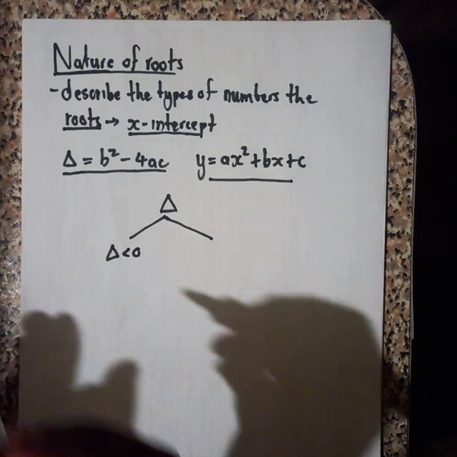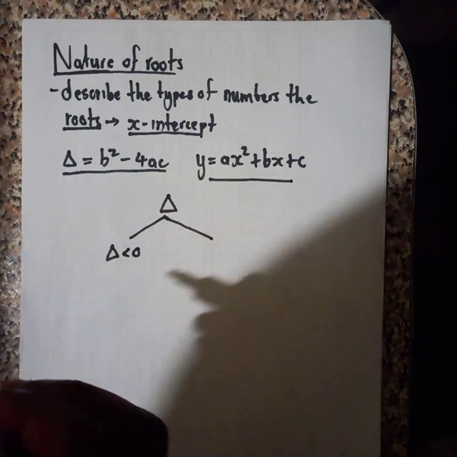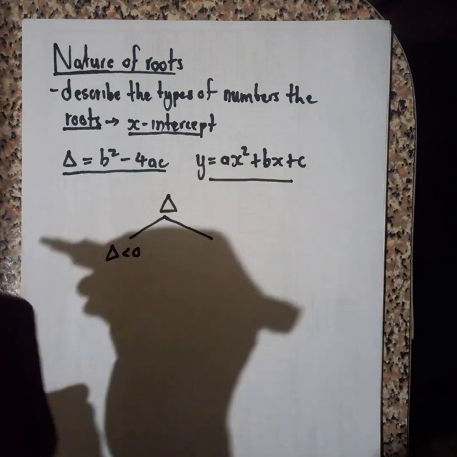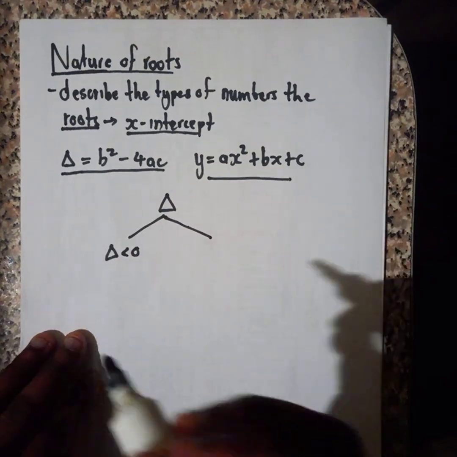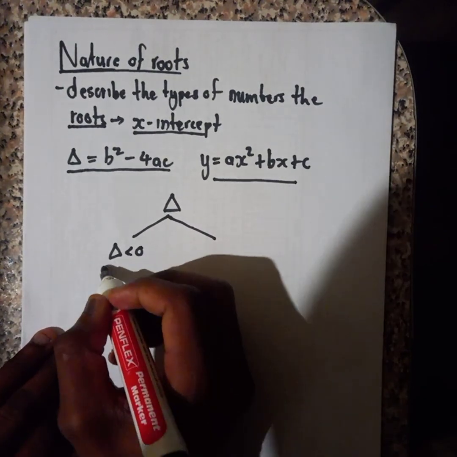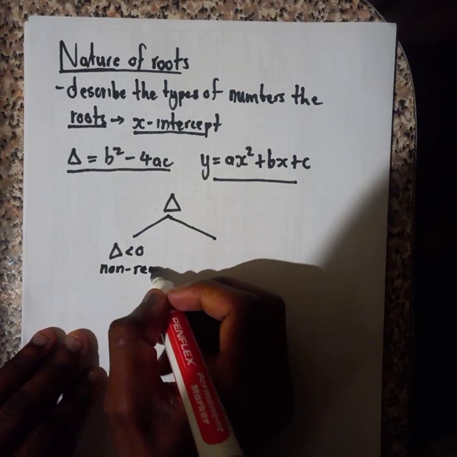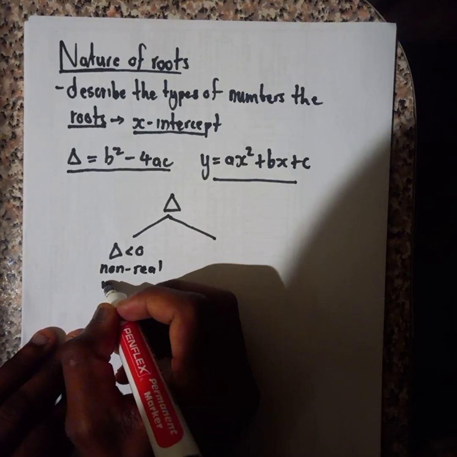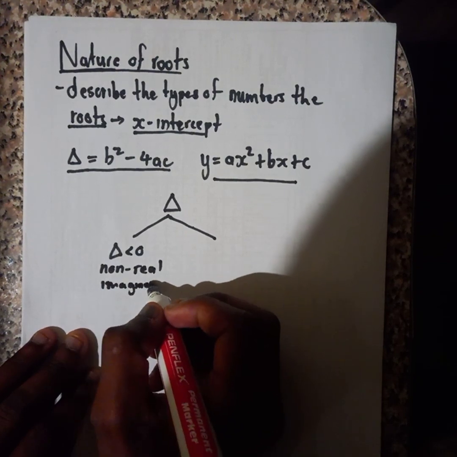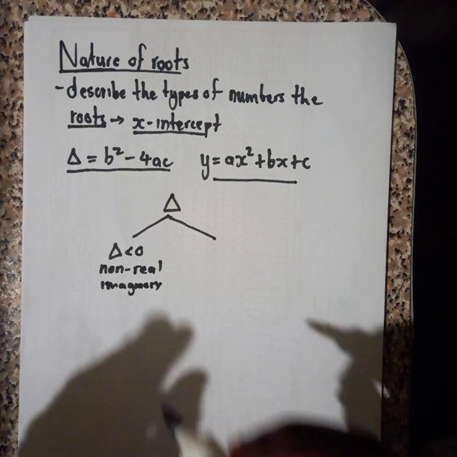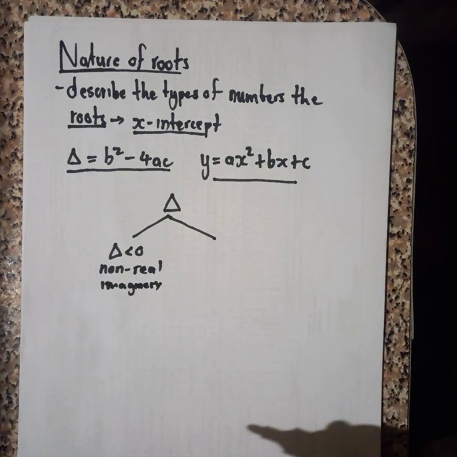Whenever the value of your discriminant is less than 0, that means when it's negative, then it's going to be a non-real or imaginary root. Do you understand, my fellow learners?